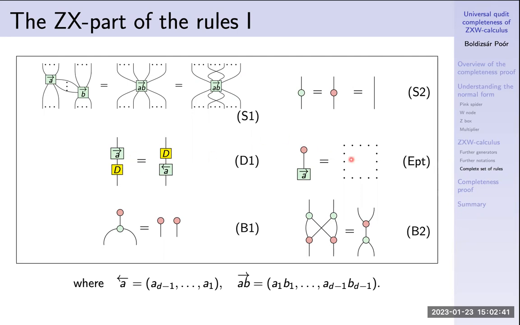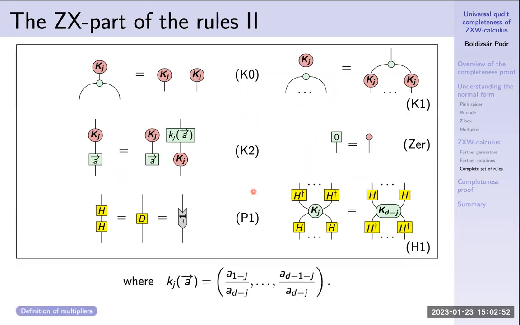We have the empty diagram. We have the bialgebra between the Z and X spider copy. We have a nice rule that describes how the KJ spider with one leg, so one input and one output, interacts with a Z box.